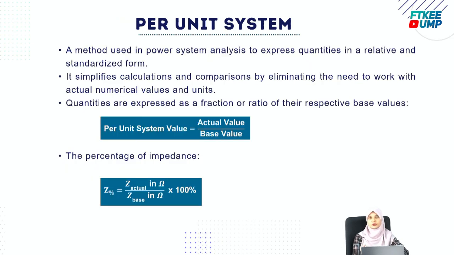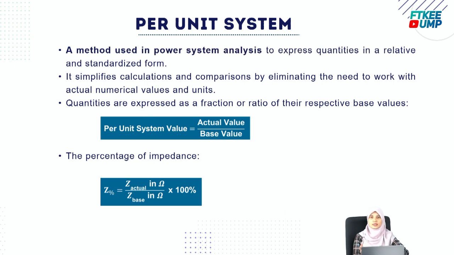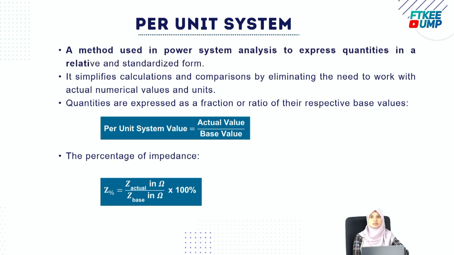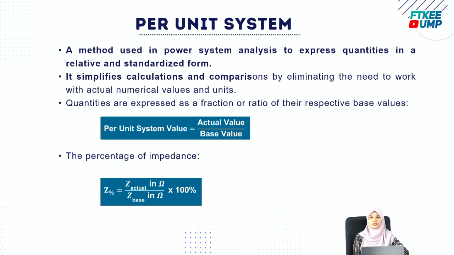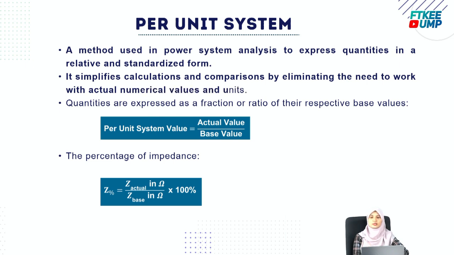Okay, next, per unit system. So what is a per unit system? Per unit system is actually a method used in power system analysis to express quantities in a relative and standardized form. It simplifies calculation and comparison by eliminating the need to work with actual numerical values and units.